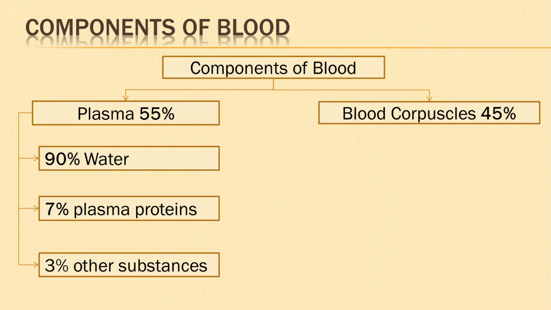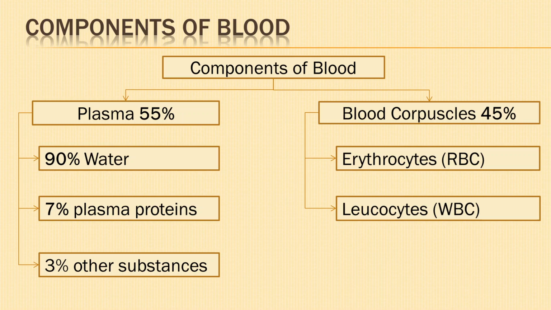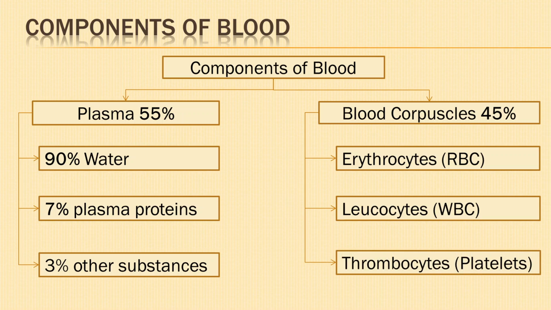Blood corpuscles are the cells which float freely in the plasma. The different types of blood cells are red blood corpuscles RBC or erythrocytes, white blood corpuscles WBC or leukocytes, and platelets or thrombocytes.